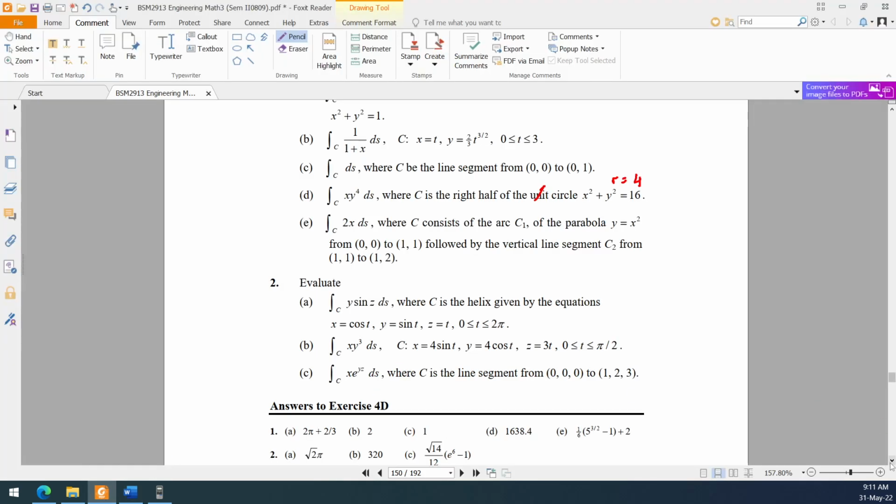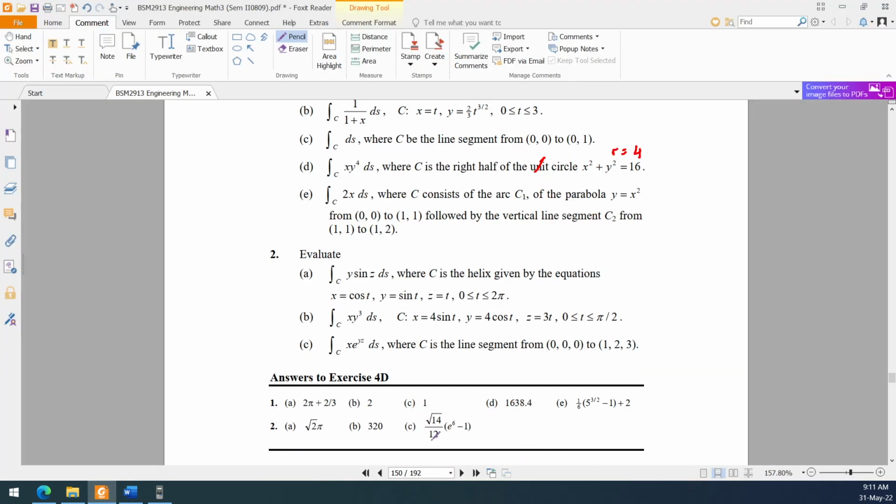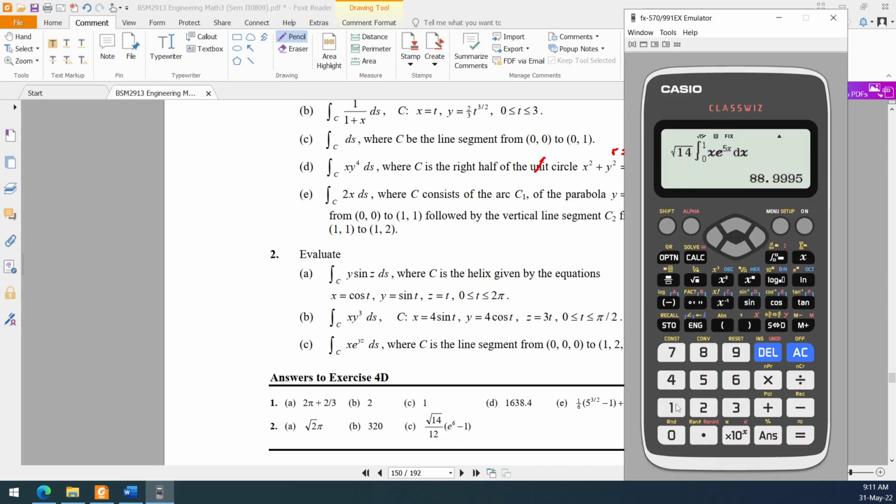Okay, 2c. This is the answer obtained if you integrate manually. Let's check whether it tallies with 88.9995. So square root of 14 divided by 12, times e^6 minus 1. Not the same answer: 125.4792.